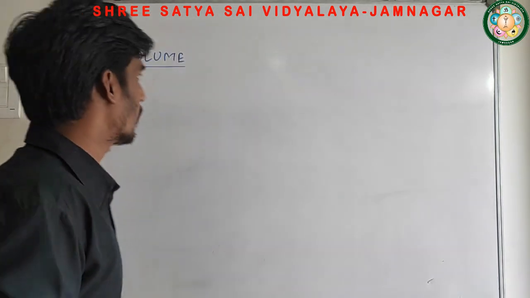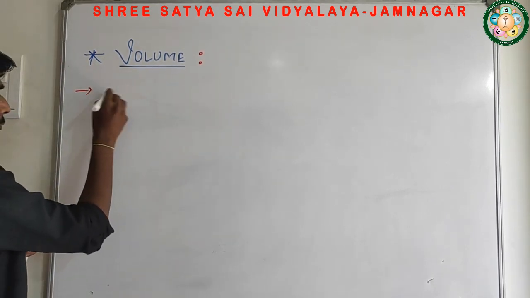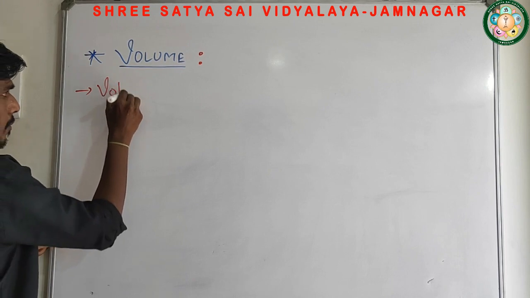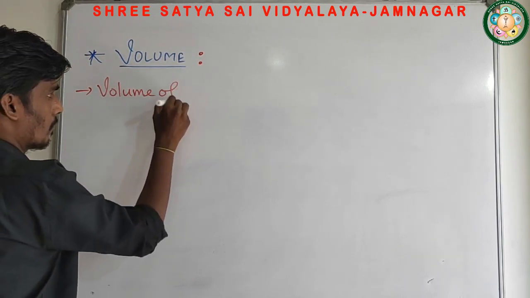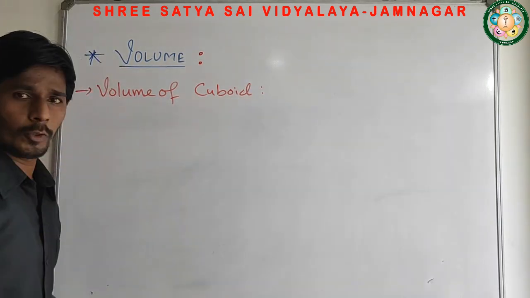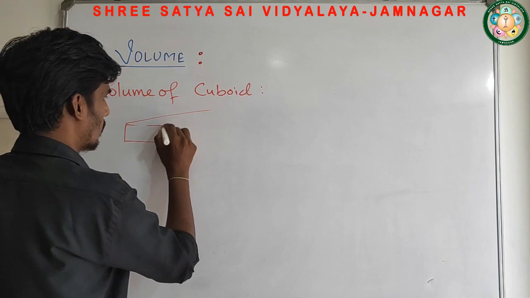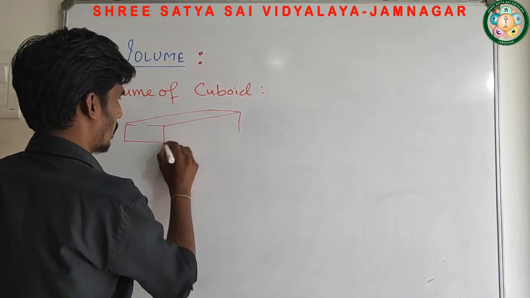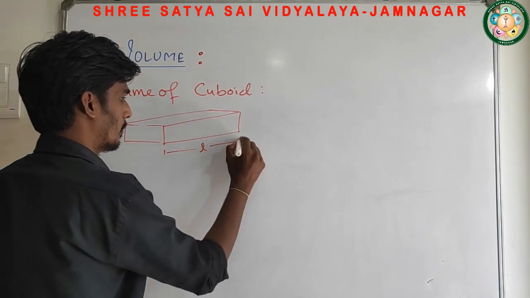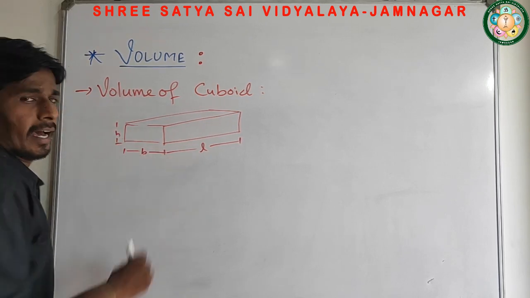So let's start with the first one, that is the volume of cuboid. Now we already know a cuboid has its length, its breadth, and this is the height.